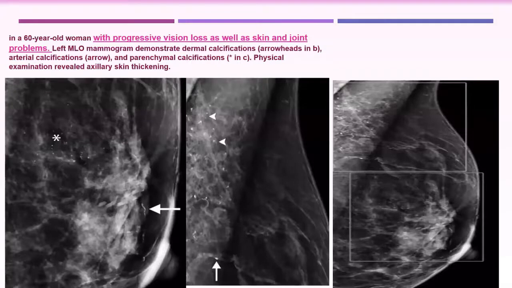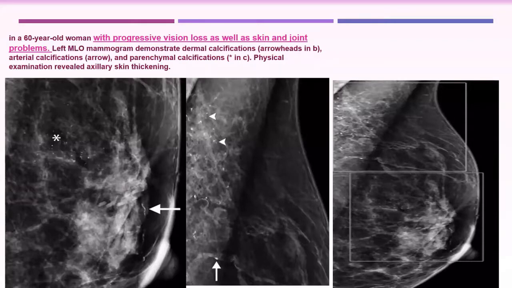And this is a 60-year-old lady with progressive vision loss. Think about it. This patient has progressive vision loss, skin and joint problems. The left MLO demonstrates dermal, vascular, and parenchymal calcifications, and on physical examination she has thickening of the axillary skin.